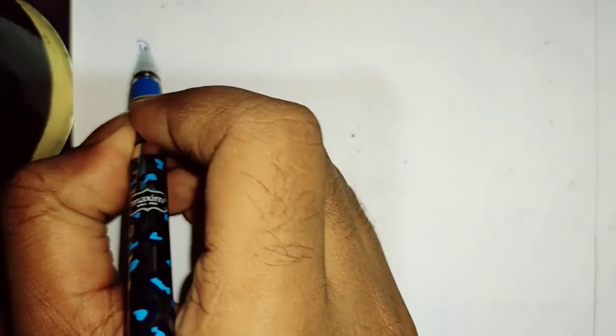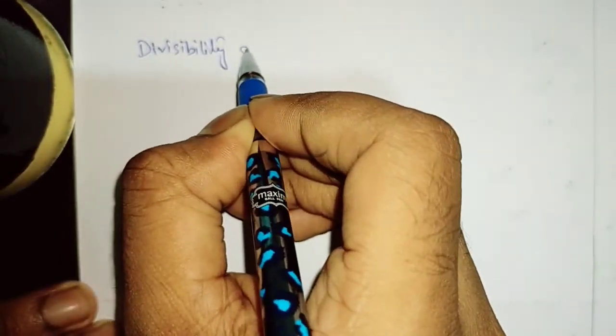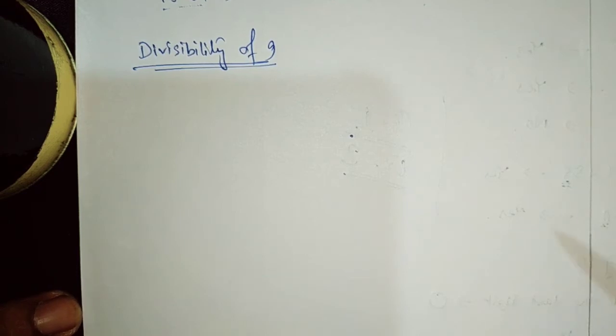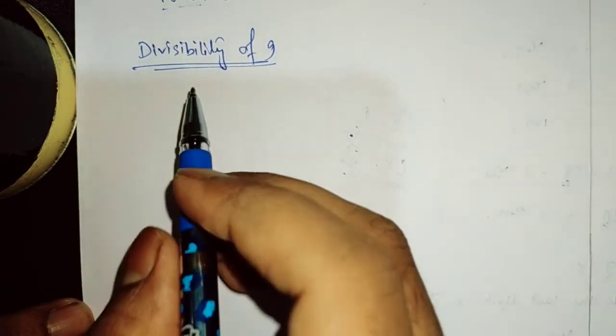Now let us discuss the divisibility of 9. At the start of the video I said that the rules of divisibility of 3 and 9 are quite similar. So in this case also we have to do the same thing.